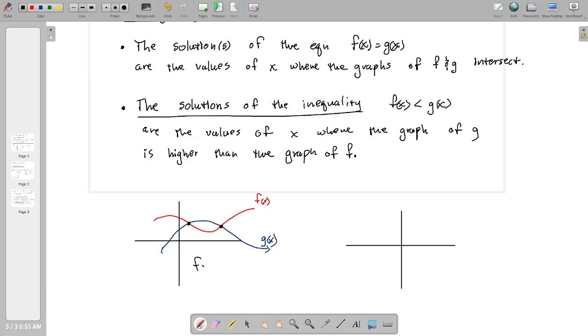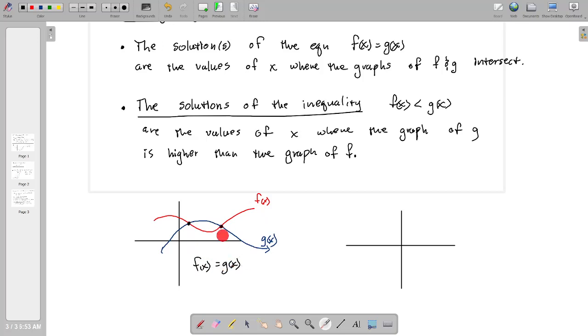So this is where f of x is equal to g of x, because this y value associated with this x value is the same. You have the exact same ordered pair that's on both curves. So this x value would be a solution to this equation.